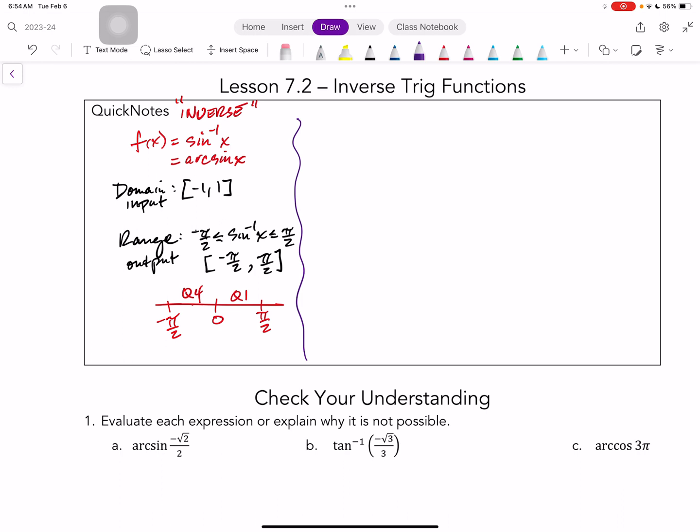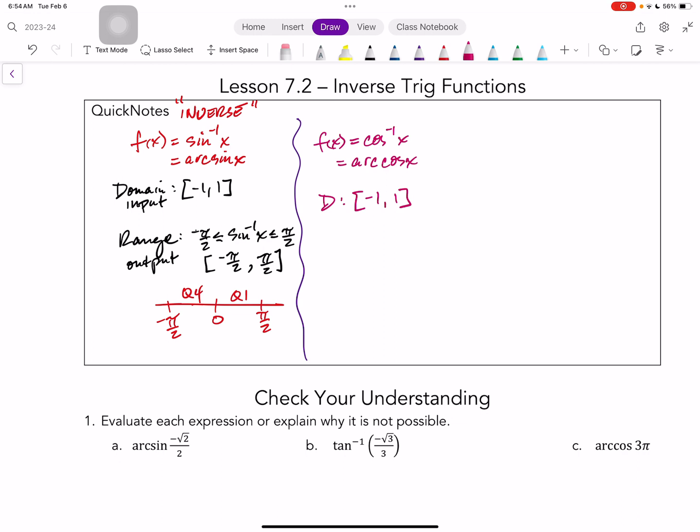Next one, the cosine function. So what does that look like? Let's say we're given the inverse cosine function, which can be written this way, or as arc cosine of x, either one. The domain for that is the same as sine. You can only take the inverse cosine of some number between negative 1 and 1.